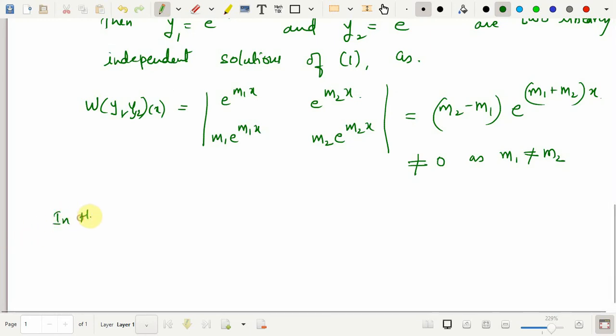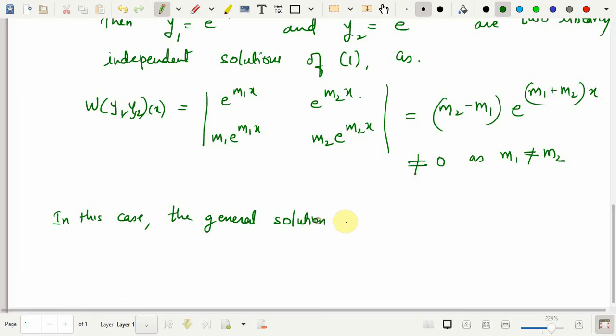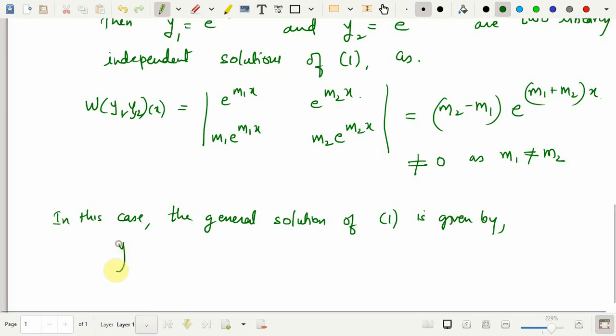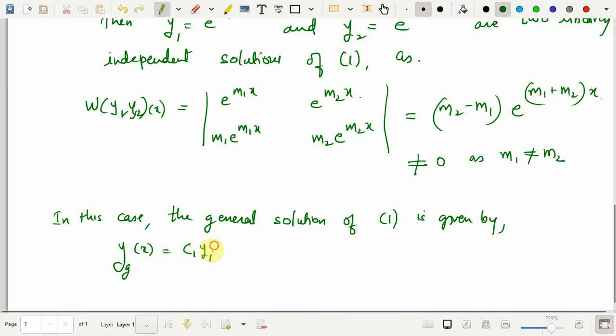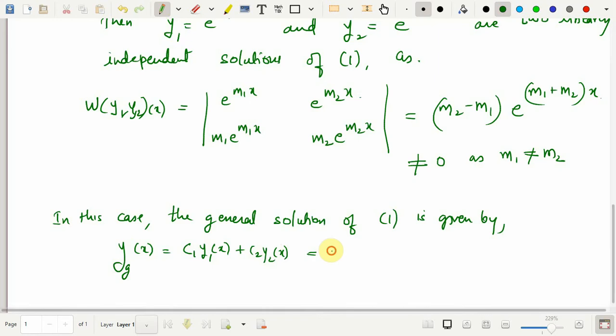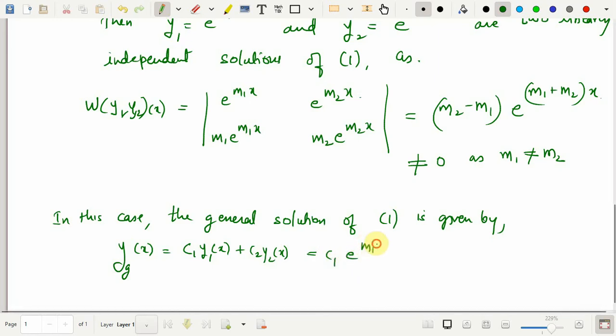In this case, the general solution of (1) is given by, I'll write down, y_g of x is equal to the linear combination of these two solutions, c1 y1 of x plus c2 y2 of x, that is the same as c1 e raised to m1 x plus c2 e raised to m2 x.